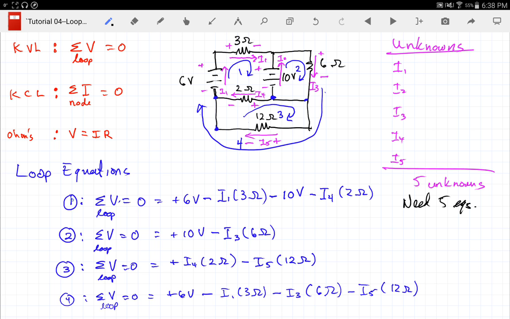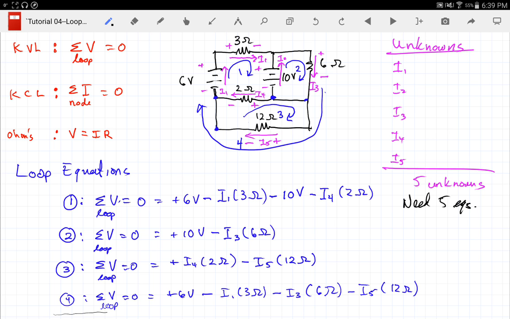If I take equation 1 plus equation 2 plus equation 3, I'll have the 6 volts, minus I1 times 3 ohms, minus 10 volts plus 10 volts, so those two are going to subtract out if I add them together. And then minus I4 times 2 ohms, and this one here plus I4 times 2 ohms, so those are going to cancel out. Minus I3 times 6 ohms, minus I5 times 12 ohms.